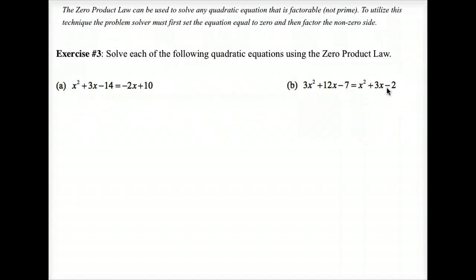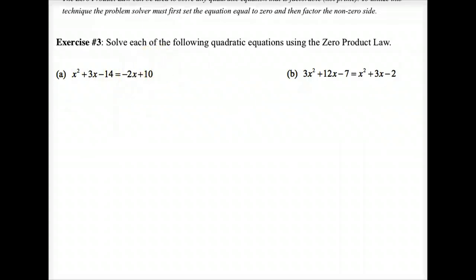Solve each of the following quadratic equations using the zero product law. So remember, when we talk about quadratics, I am looking for something in the form ax squared plus bx plus c equals 0. The first thing I ask myself for example A is, is this equation given to me in this form?